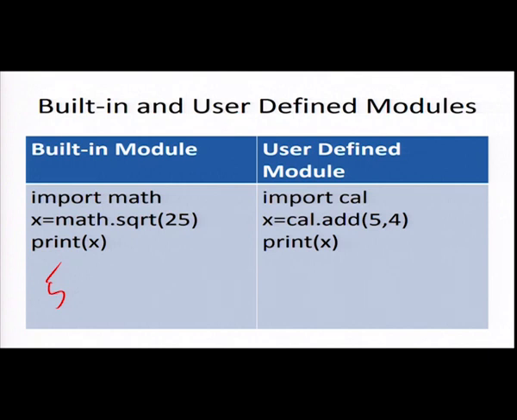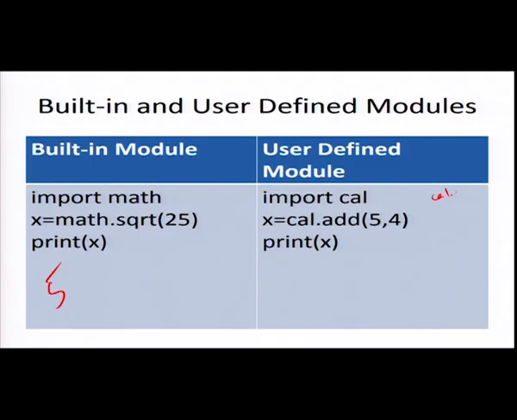Now this is with respect to a built-in module. With respect to a user defined module, import cal. What is this cal? If I had already written a program function called cal and stored it in my current directory as cal.py, then I can import cal, x is a variable name, equal to cal.add of 5 comma 4, print x. What will happen?